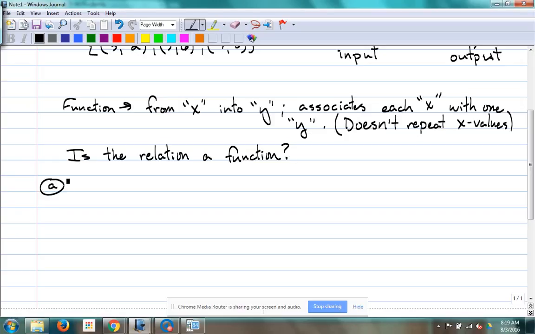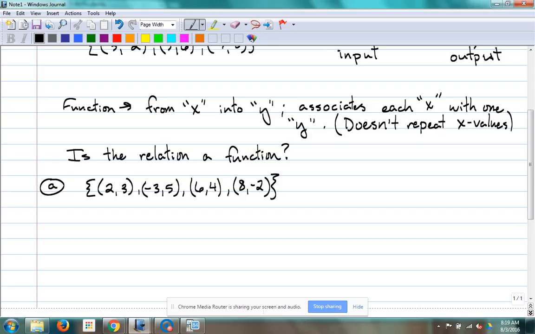So example A, let's start with this relation. (2, 3), (-3, 5), (6, 4), and (8, -2). So this relation is just a set of ordered pairs. I put it inside the curly braces there. That means it's a set, but that means we're only looking at these.